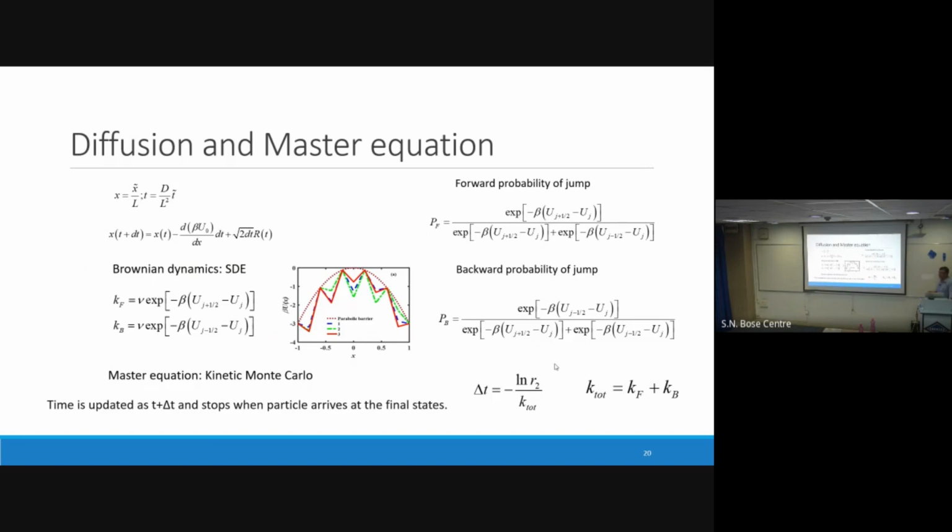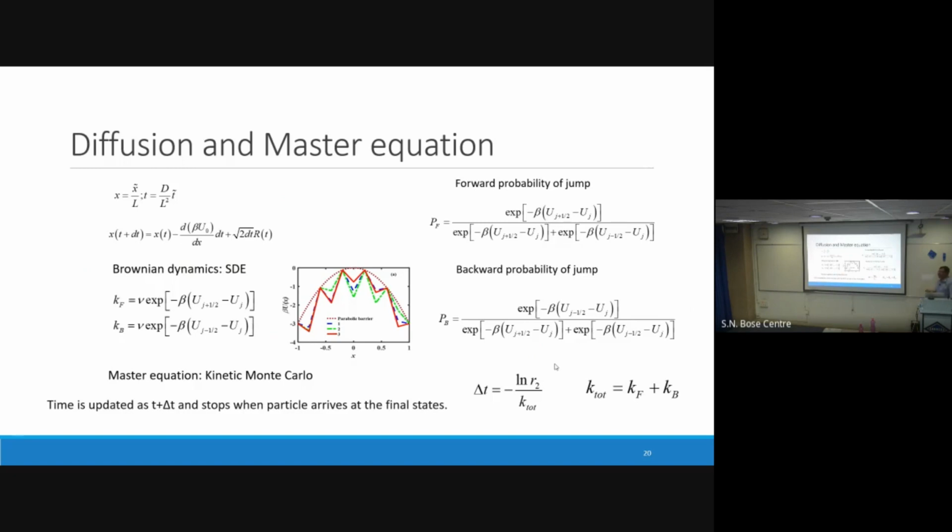The time distribution is exponential for a Markov process, and the master equation is always Markov. So the time is propagated as t plus delta t, and when the particle reaches the final state, the time propagation stops. This is also known as the kinetic Monte Carlo simulation.